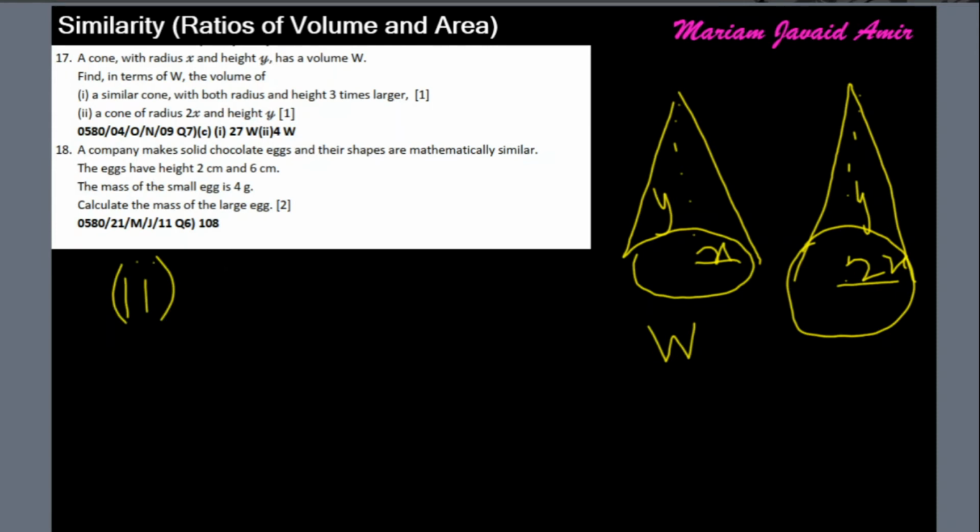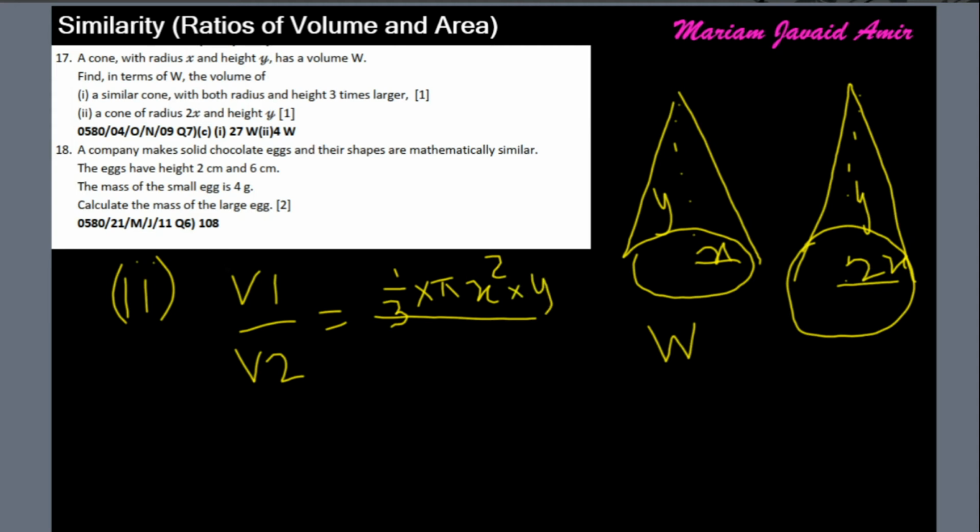So now we'll use v1 over v2 equals, what's the actual formula for volume of the cone? That is 1 by 3 times pi r square h. And similarly for the second one, it will be 1 over 3 times pi times r square h, and v1 is w.